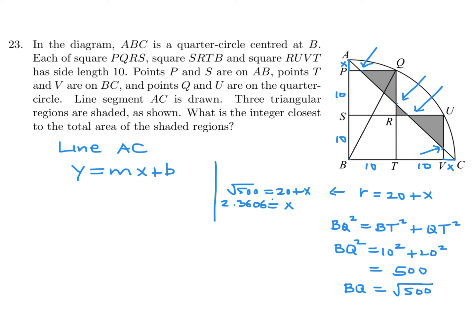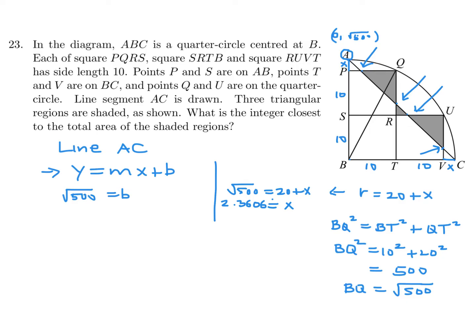I can use 0. This point A is 0 for x, and the y for A is the radius, which I believe was root 500. Yeah. So I can put that into here. So when x is 0, y is root 500, and therefore that means that b is root 500.